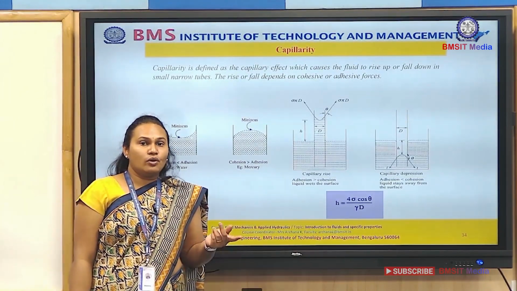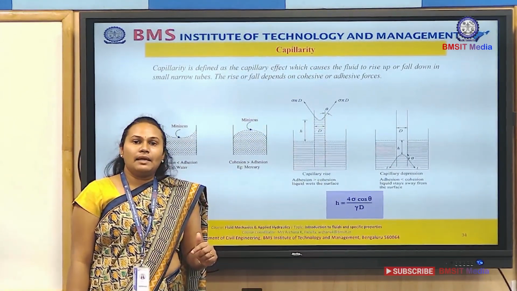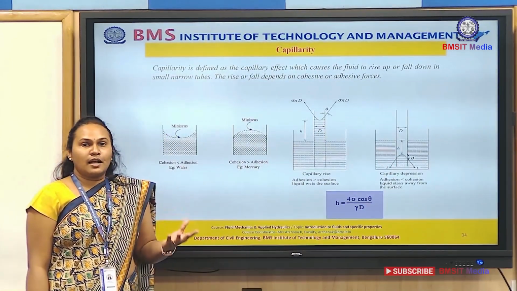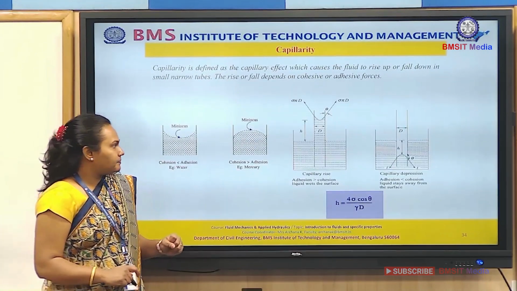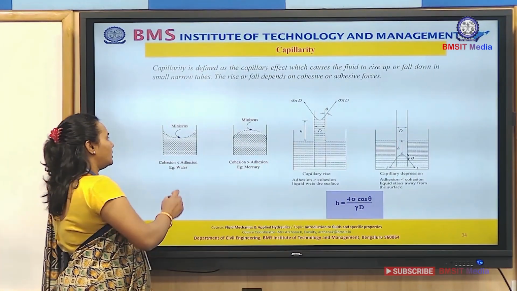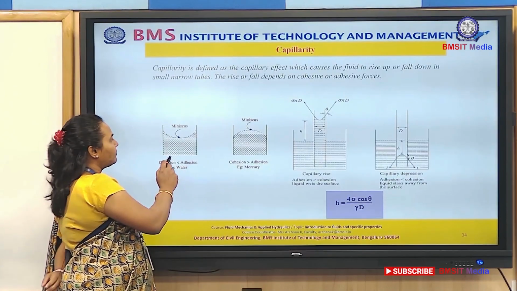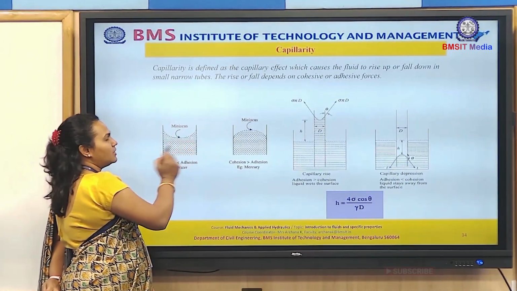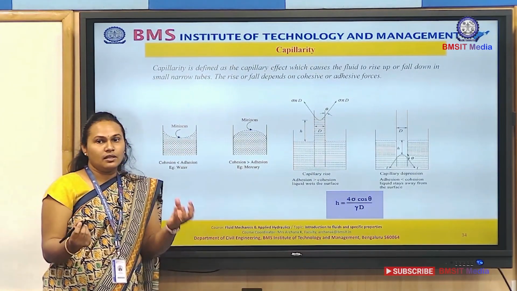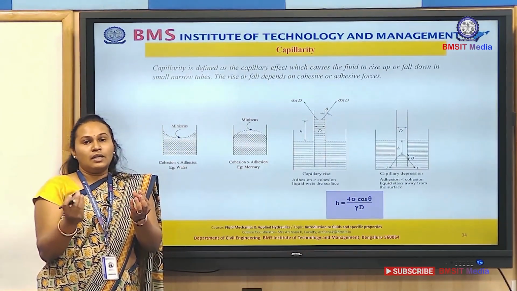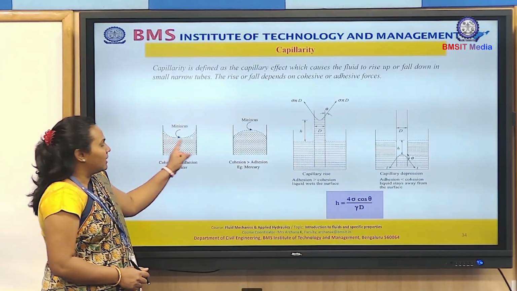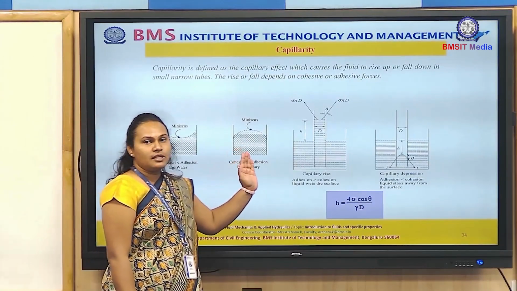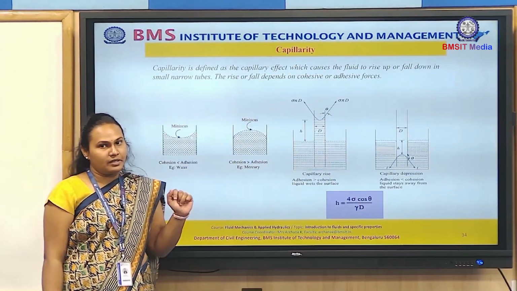Surface tension was due to cohesive force, while capillarity is due to adhesive force. Adhesion is the attraction between two different molecules. In this case, when water is in a tube, the water molecules are attached to the molecules of the test tube. The attraction between the water molecules and the test tube is stronger, and hence the meniscus will become a downward curve, while the meniscus of the mercury will be an upward curve.